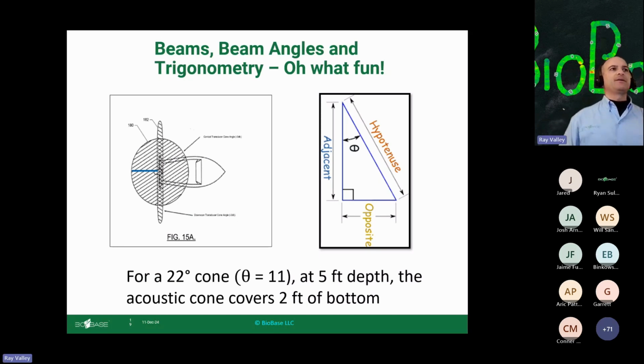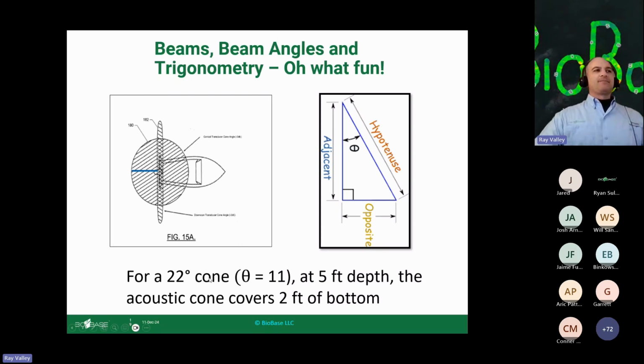So when we talk about how large of an area this is pinging, we need to talk a little bit about beams and beam angles and trigonometry, and oh, what fun. But it does require you to harken back to your high school trigonometry, and this is a great example of actually using something I learned in high school math.